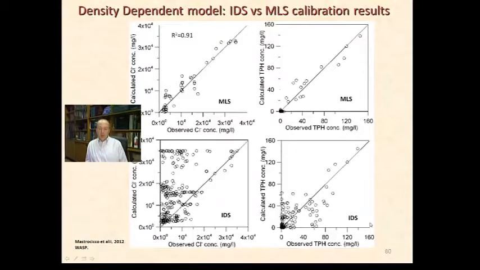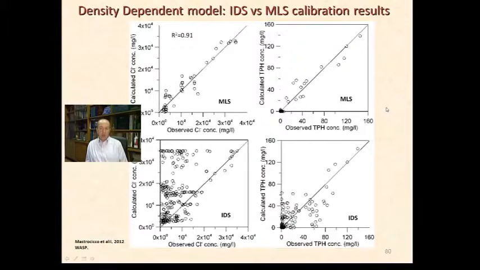But if you look at the integrated depth sampling, the long screen piezometer sampling, the classical sampling, the model seems not to be so good. But I repeat, it's not a problem of the model. In this case, the problem is the quality of the data you use for calibrating your model. So the multi-level systems are very important and are necessary if you are looking for some stratified pollutants to build a solid transport model.